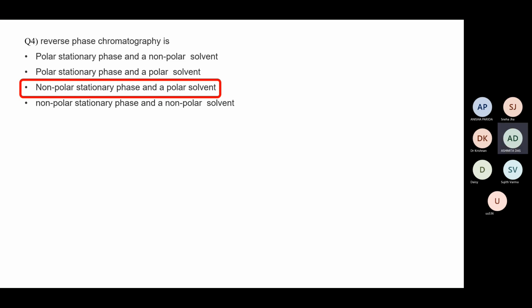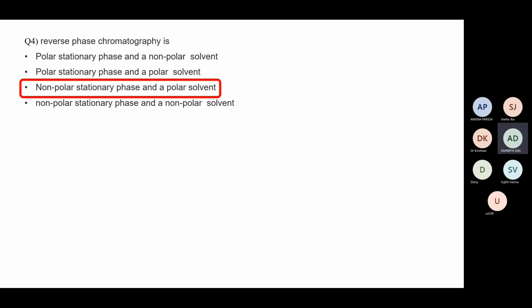Okay, so basically a blend of water and miscible organic solvent is most commonly used, and among the organic solvents we mostly use acetonitrile or methanol, and sometimes ion pairing agents such as trifluoroacetic acid are also used.